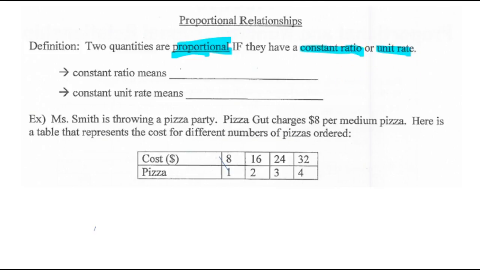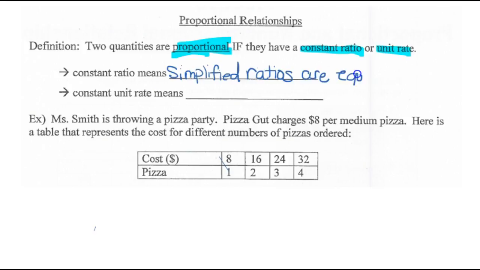So let's just review what this means. Constant ratio means that simplified ratios are equivalent. So let's just write that down. Simplified ratios are equivalent.